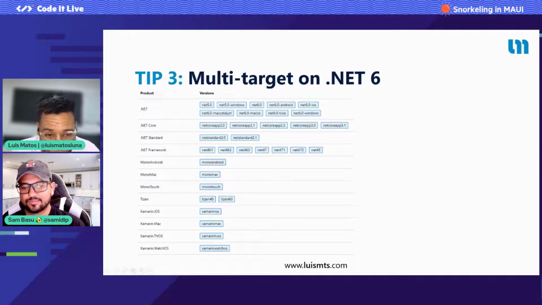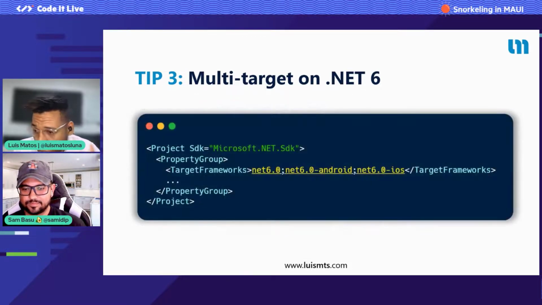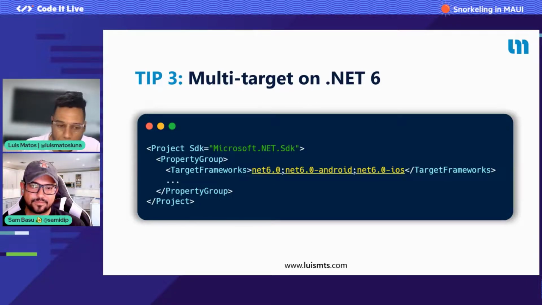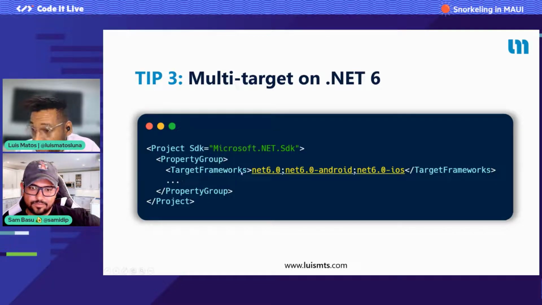When you have those libraries or SDKs or projects that you want to target, if you are targeting one platform, you just need to use TargetFramework without the S. But if you are targeting different platforms, you need to use the tag TargetFrameworks with the S, and the only thing you need to do here is add all the target platforms that you are going to use.